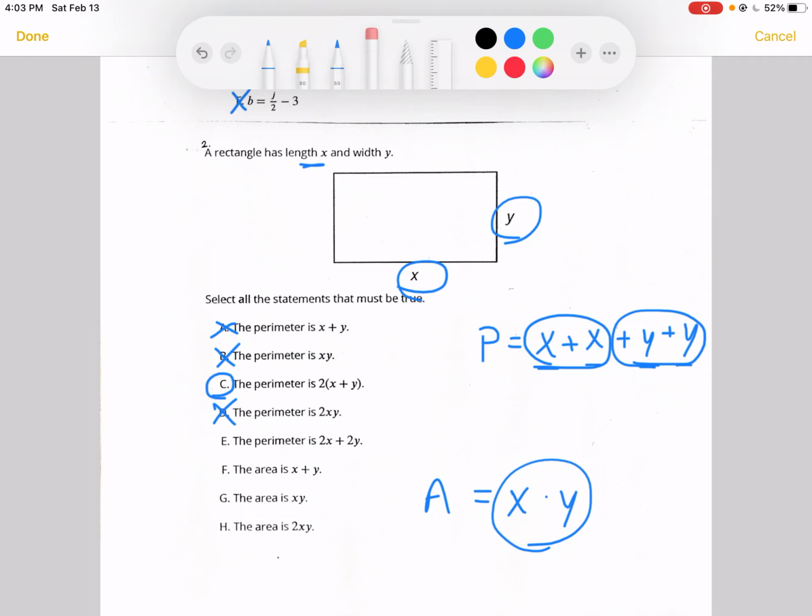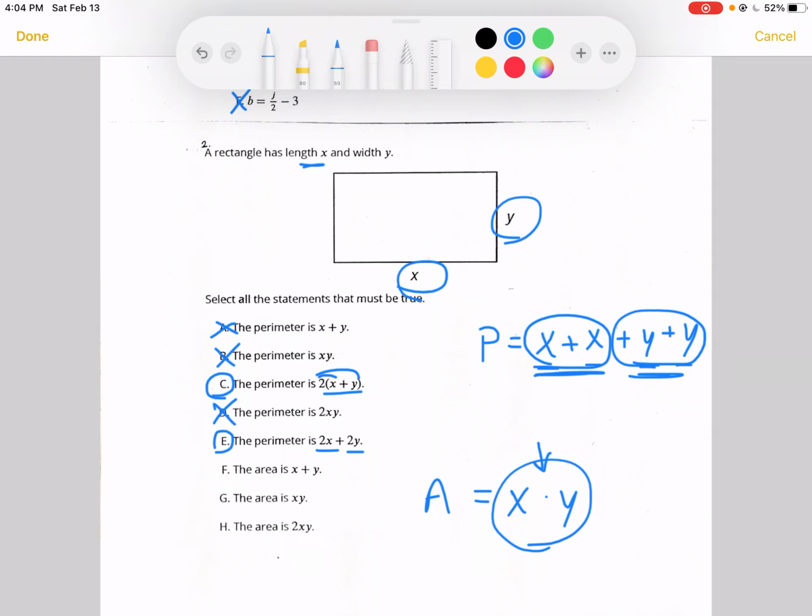Last attempt at perimeter: we're saying 2x and 2y. Isn't that what we said up here? We said this was 2x plus 2y. That's perimeter, so E is another good example. Then looking at those three choices for area, do any of them go with the formula that we created right here?